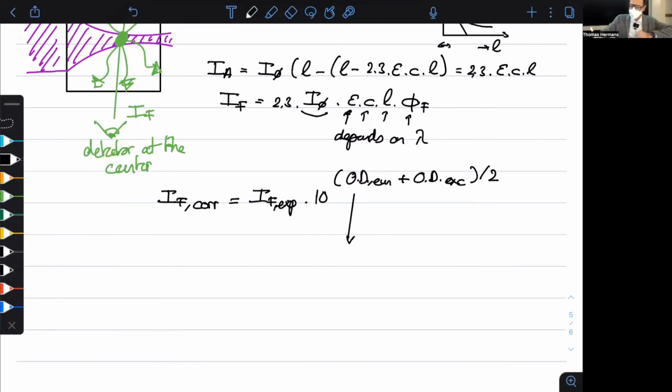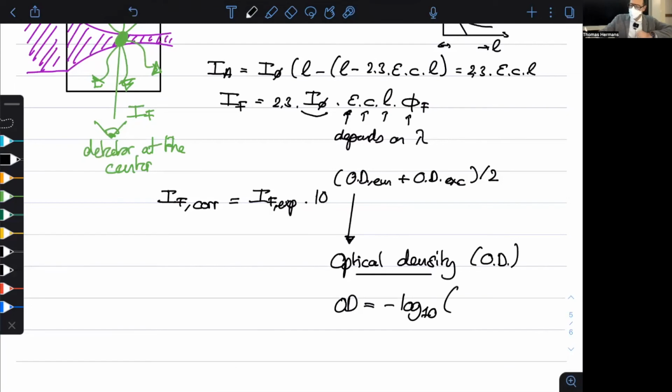So what is this OD? I mentioned it in a previous class. It's optical density. And optical density, it's just a mathematical trick, is minus log 10 of the intensity of transmission over the intensity of the incident light.